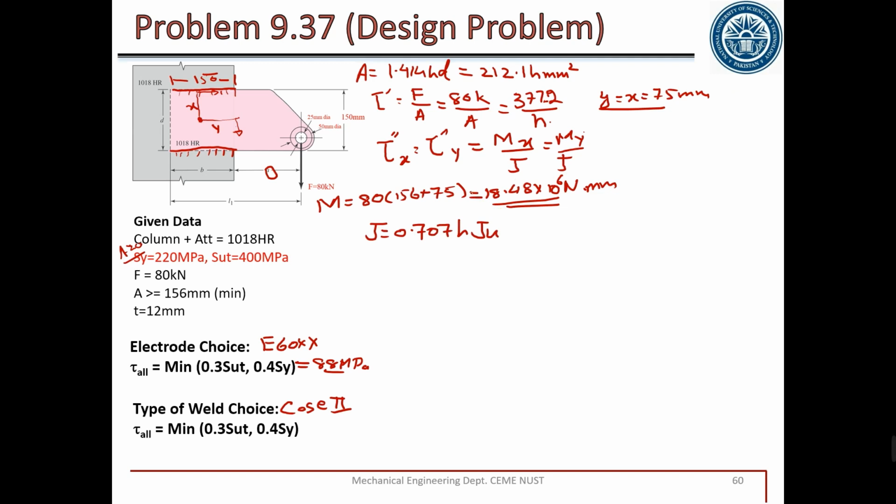The value of Ju is d into 3b square plus d square, whole divided by 6. So substituting values, the final answer of J is equal to 1.59 into 10 raised to power 6 h mm to the power 4.